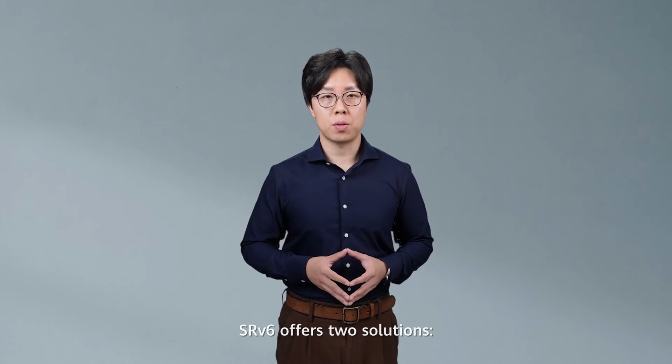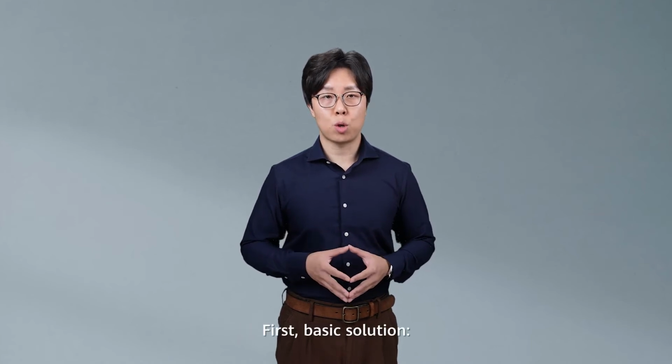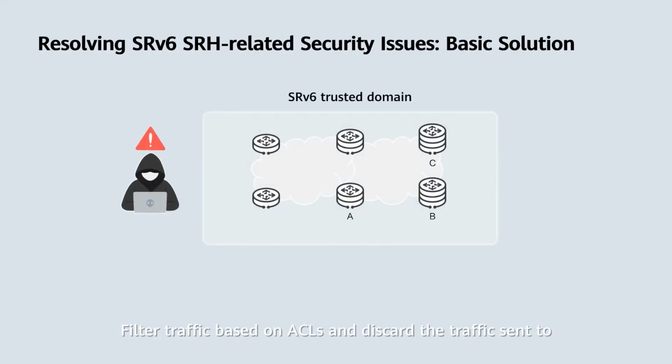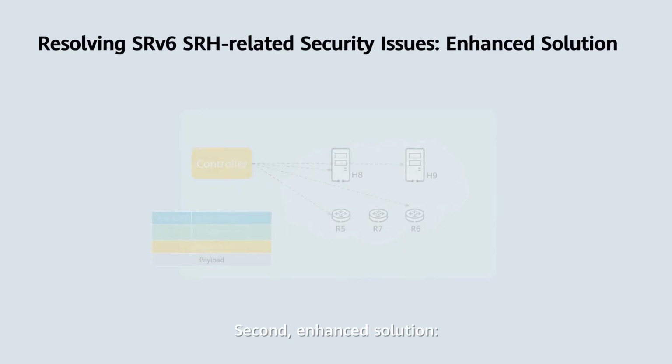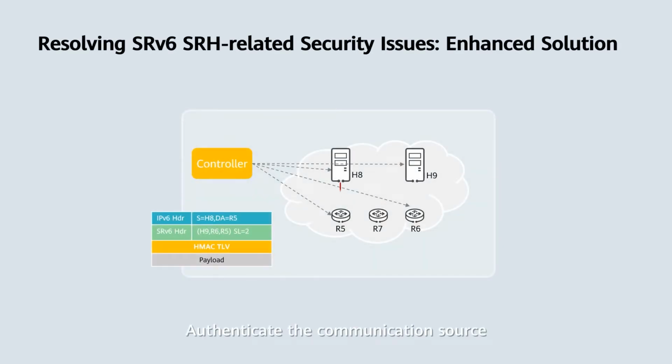To achieve this, SRv6 offers two solutions. First, the basic solution: filter traffic based on ACLs and discard traffic sent to access internal information without authorization. Second, the enhanced solution: authenticate the communication source based on HMAC and verify the SRv6 SRH.